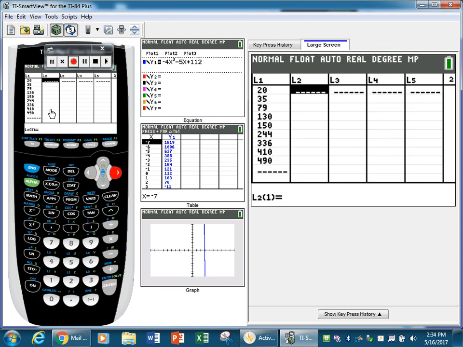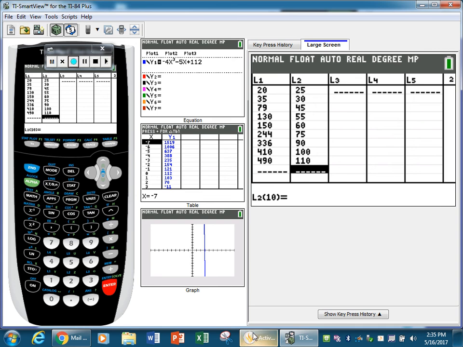Then if I go over to L2, now we do our car speed, 25, 30, 45, 55, 60, 75, 90, 100, and 110.